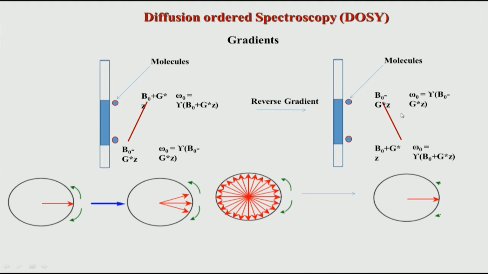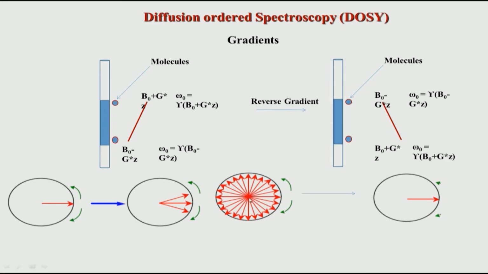The phase phi it accumulates is equal to omega into t, but that phase will depend on the Z value. So, if it has to rephase, it has to come back to exactly the original position. It should not move at all, because if it moves then this Z will be different from this Z here, as the molecule will be at a different location. Therefore, its phase will not come completely back to the original, and it will continue to be slightly dephased.